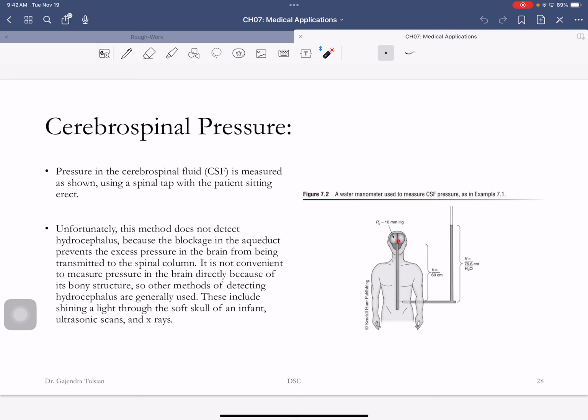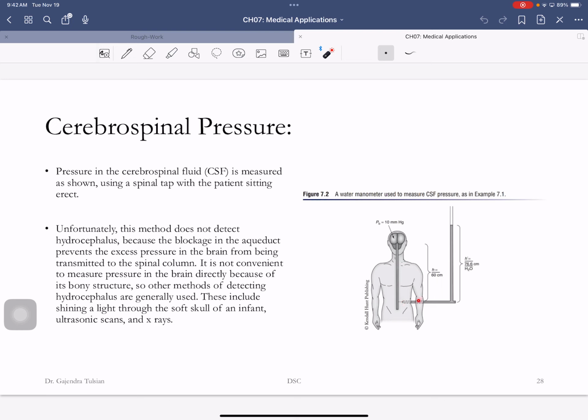All right. So I don't know if you've had spinal taps, but if anybody has experience with a spinal tap, to measure the pressure in the cerebrospinal fluid, one of the things you can do is a spinal tap.